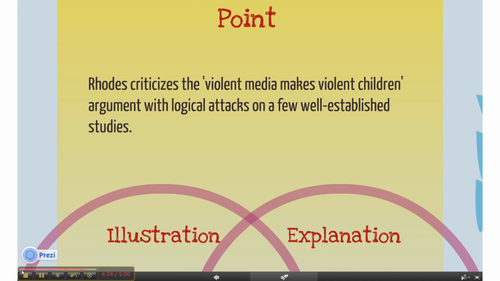So, give your interpretation of how logos is used or whatever appeal it is that you're talking about. Provide the illustration of an example of that, and then explain that illustration.